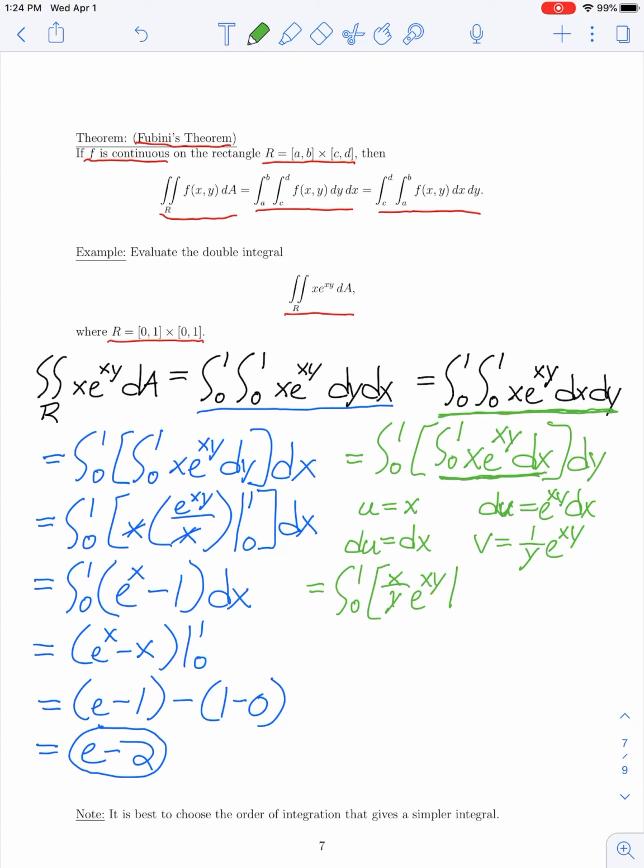And so, using integration by parts, we would have the integral from 0 to 1 of x over y e to the xy evaluated from 0 to 1, minus the integral from 0 to 1 of 1 over y e to the xy dx, and then integrate this with respect to y.